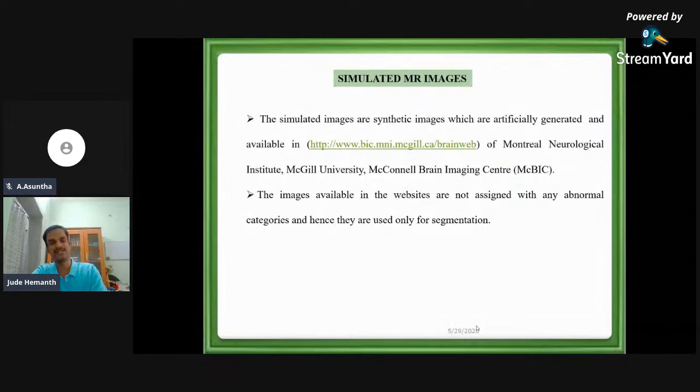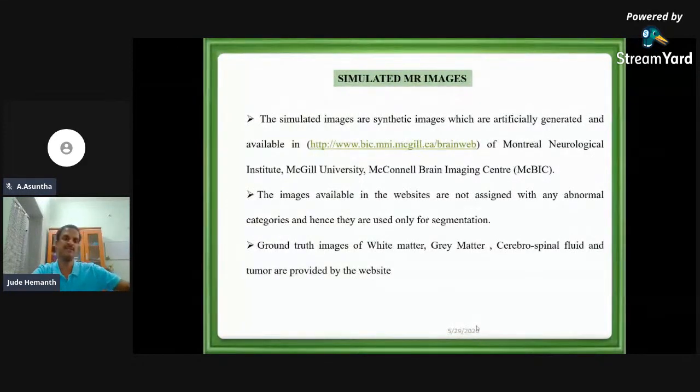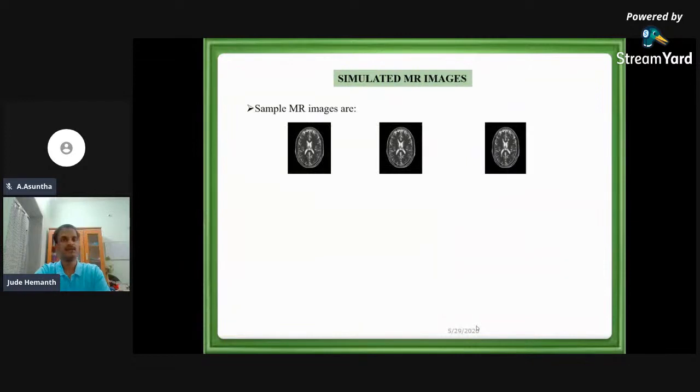So I have used them for segmentation because they have given the ground truth, or the expected output, of the internal parts of the image. There are four internal parts of a brain image: white matter, gray matter, CSF or cerebrospinal fluid, and the tumor portion. The fourth portion is important. So these are the images available on the website.